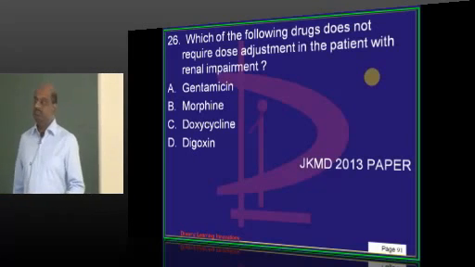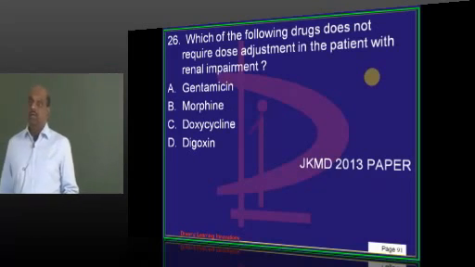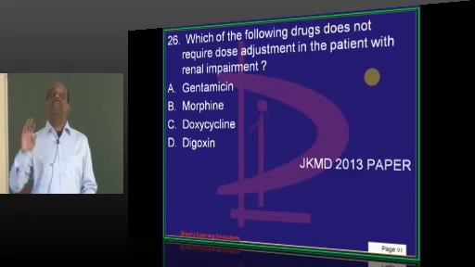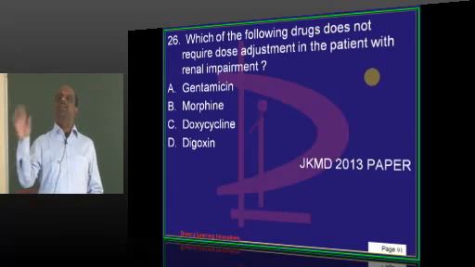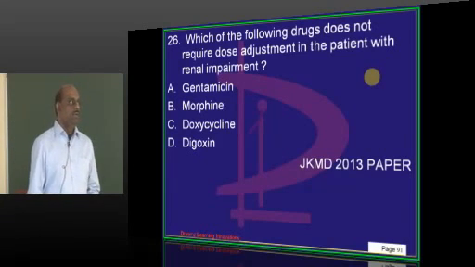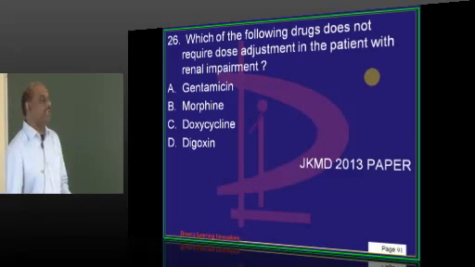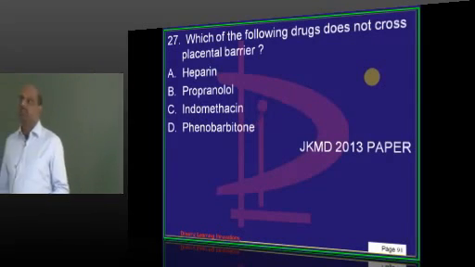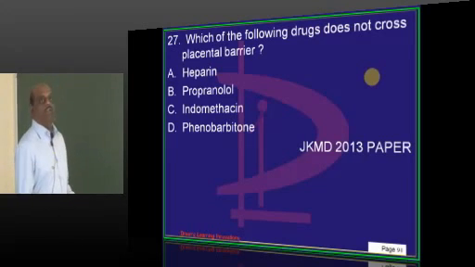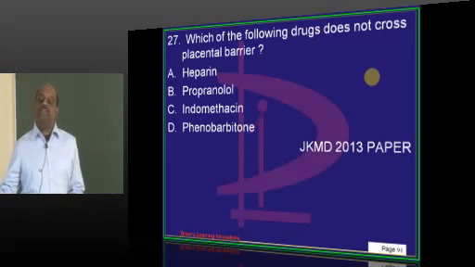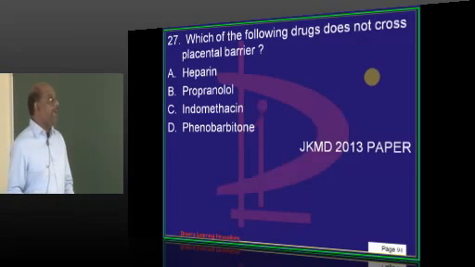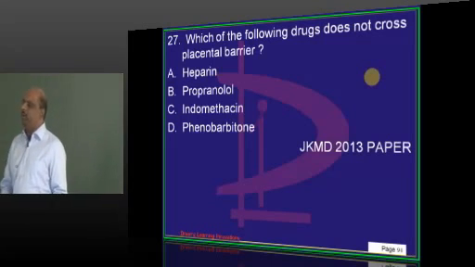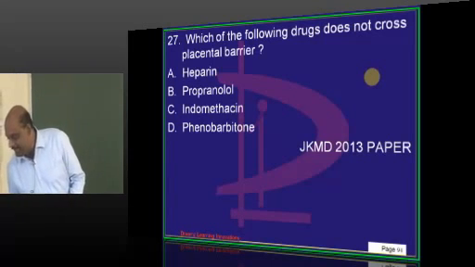Rule number 2: ceftriaxone, cefaclor, cefoperazone are the 3 important cephalosporins which can be given without changing the dose in a patient who has renal failure, is what needs to be remembered. You know very well that warfarin crosses the placental barrier, but heparin does not cross the placental barrier, which is a very, very important point that you need to remember.